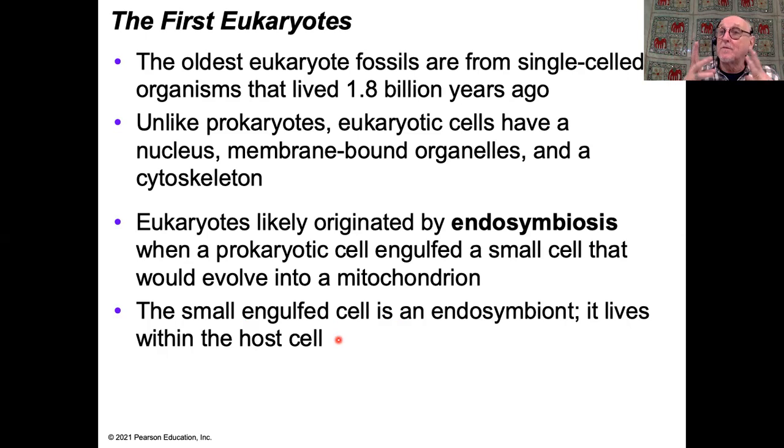And those formed the chloroplasts in the eukaryotic cell. So this complex process of endosymbiosis is, we believe, what led to the origins of the eukaryotes. And there are various reasons why we think that this is actually true.